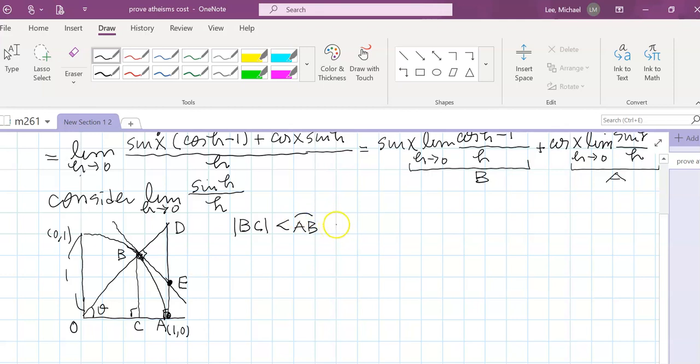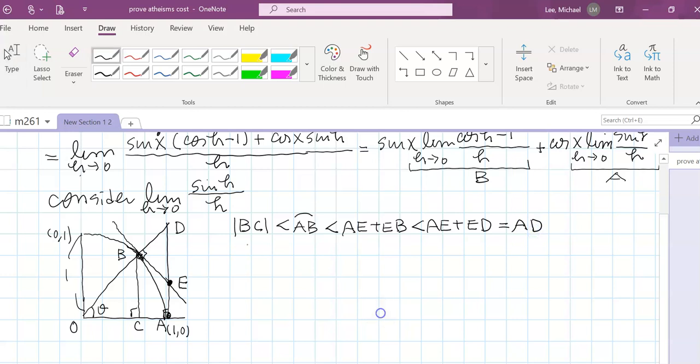So AB is less than AE plus EB. Then AE plus EB is less than, that's not difficult to see, AE plus ED. But AE plus ED is actually AD.